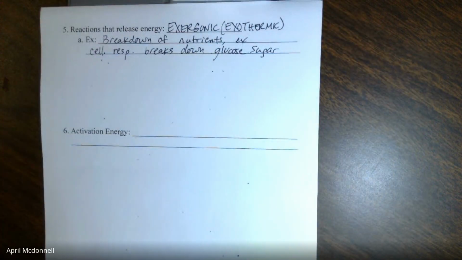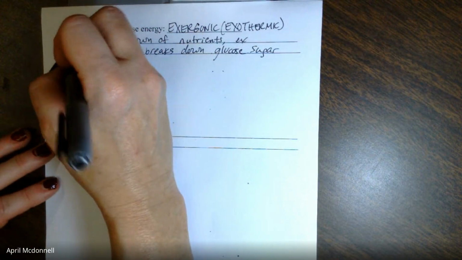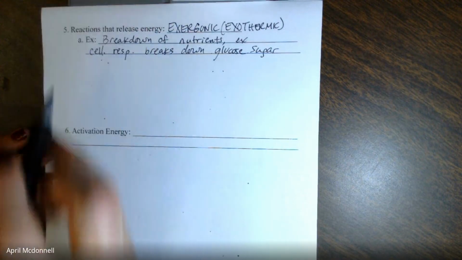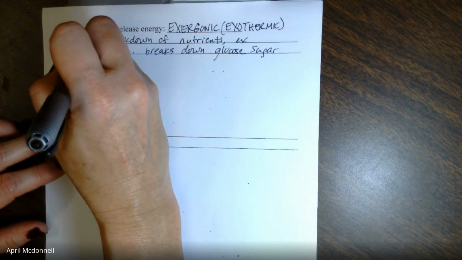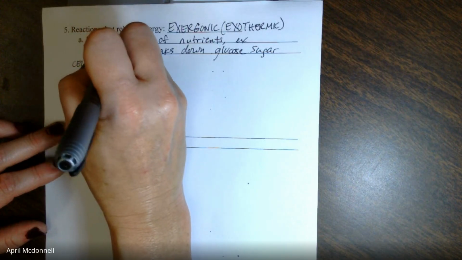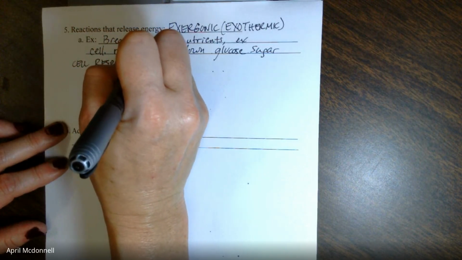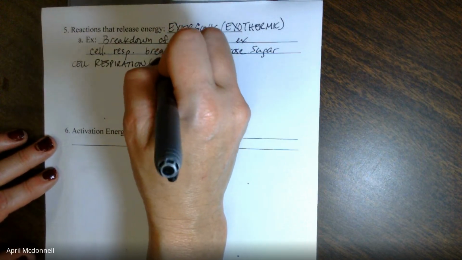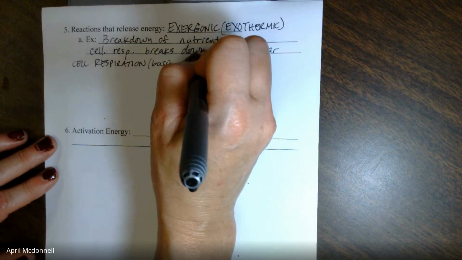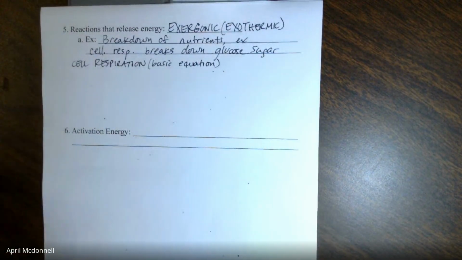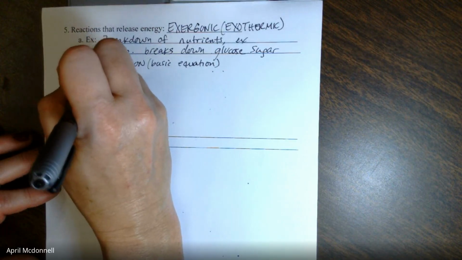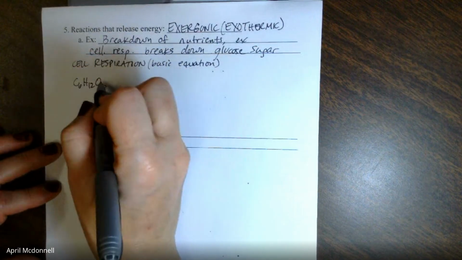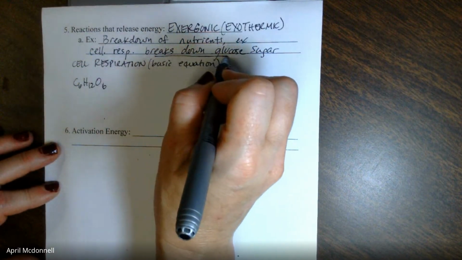Let's write an overall equation for cell respiration. Remember that the process of cell respiration is breaking down sugar.